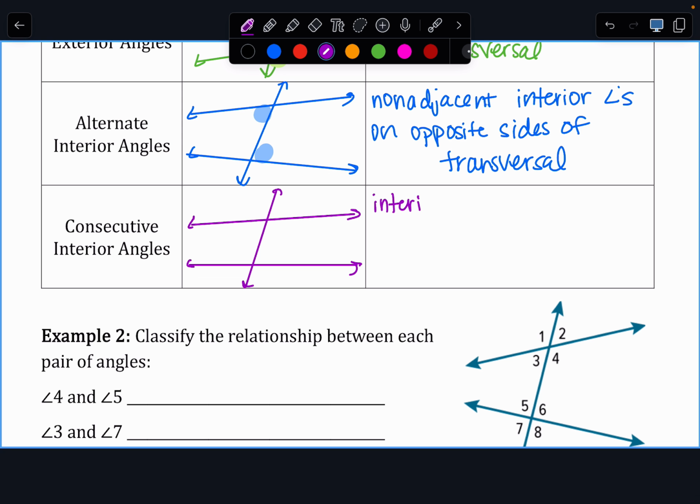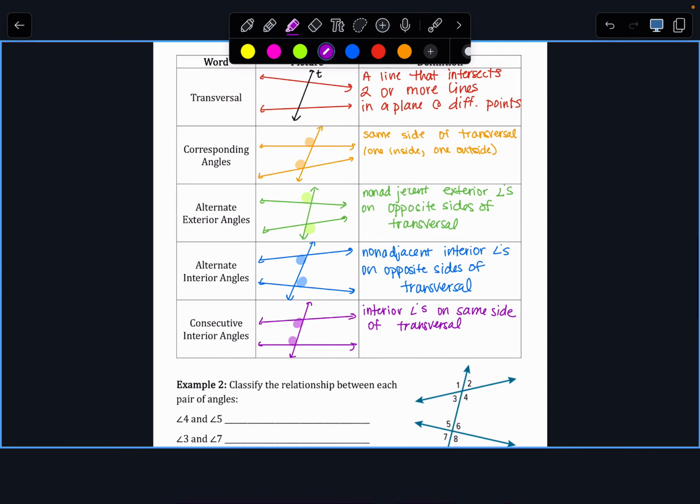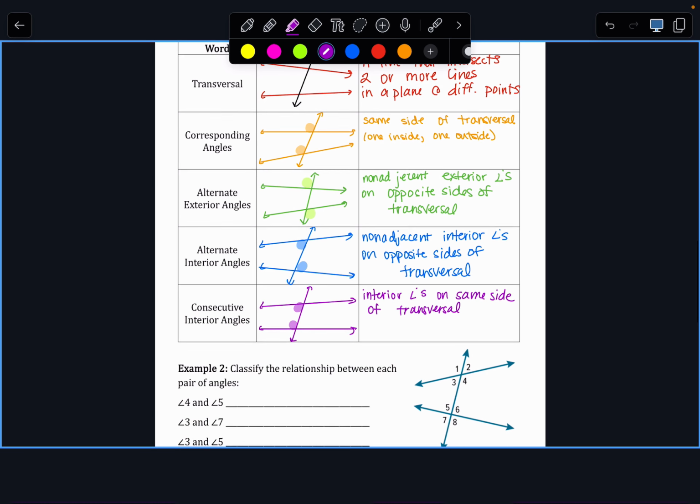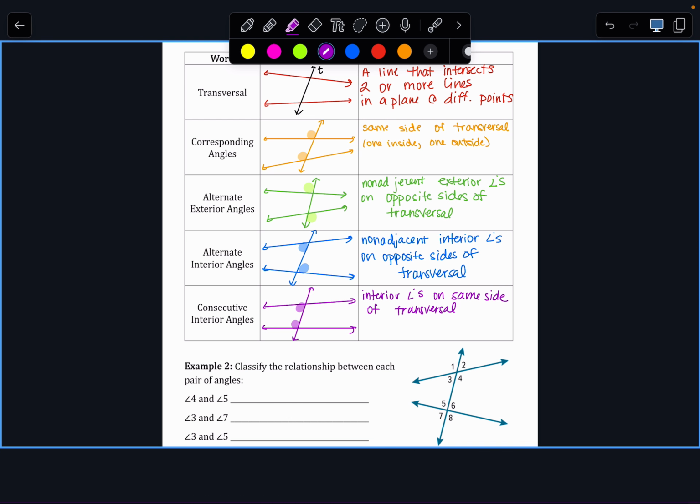No. They're interior angles on the same side of the transversal. Look at those pretty pictures. That gives me joy. Okay.